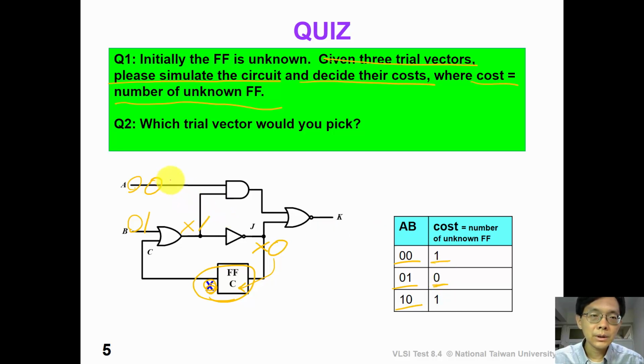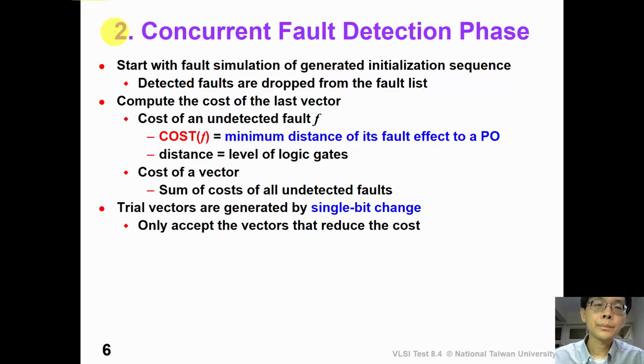For the third test vector, again, the output of the OR gate is unknown and J is unknown, so the cost is 1. Out of these three test vectors, apparently 0 1 has the lowest cost, so we will pick the test vector 0 1 in this phase.